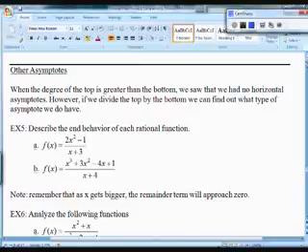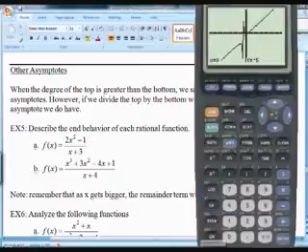Okay. On the first example, 2x squared minus 1 over x plus 3, I've graphed it. Look at it. As x approaches positive infinity and as x approaches negative infinity, look what actually happens. In the graphs before, they level out at maybe y equals 0 on both sides, or y equals 1 on both sides, so you had horizontal asymptotes. Here it doesn't level out. Do you notice you have a vertical asymptote?